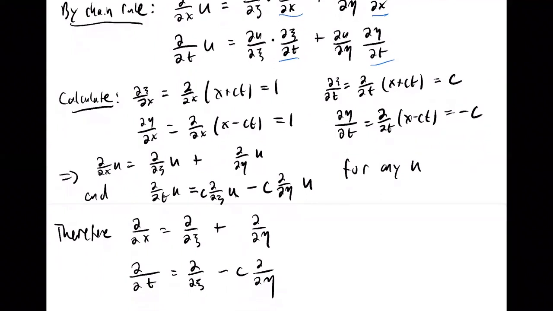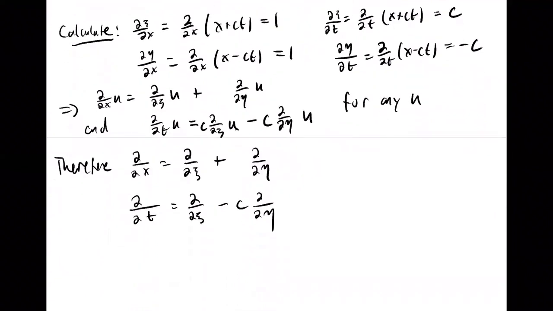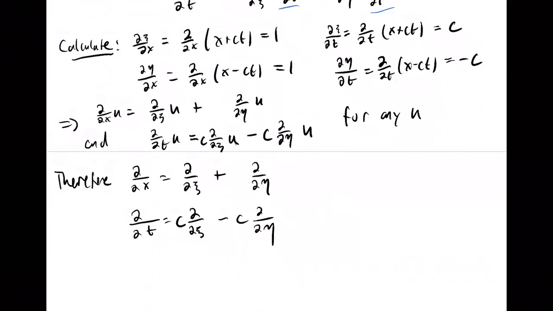The correct formula is that the derivative with respect to x is the derivative with respect to xi plus the derivative with respect to eta, and then the derivative with respect to t is equal to c times the derivative with respect to xi minus c times the derivative with respect to eta. And so these are our formulas.